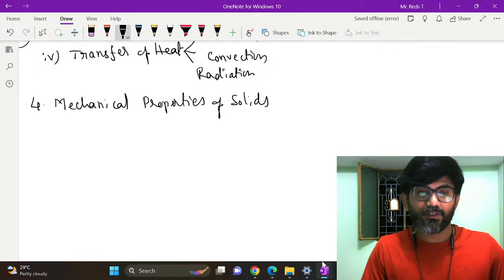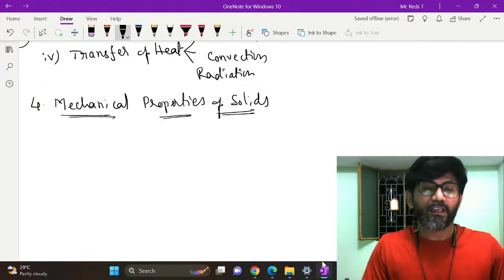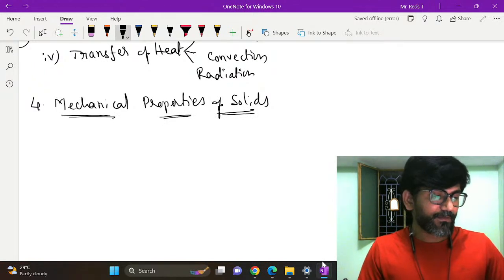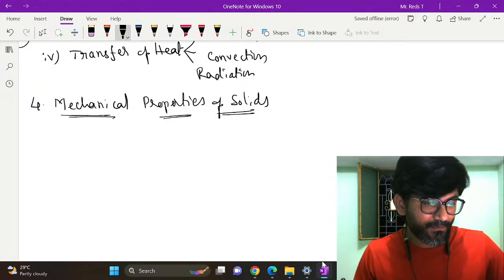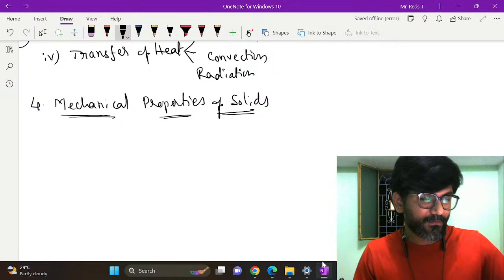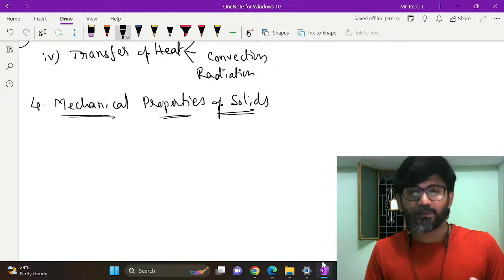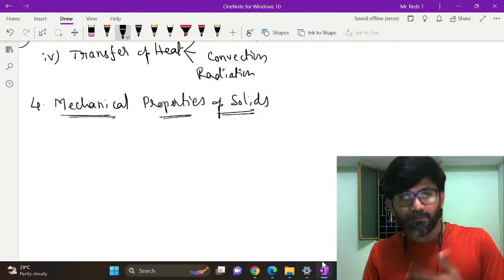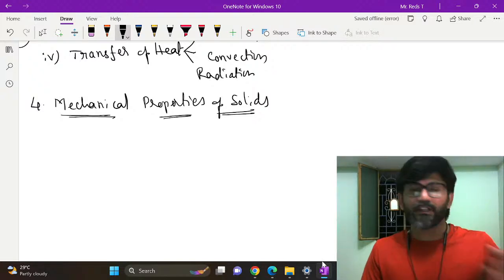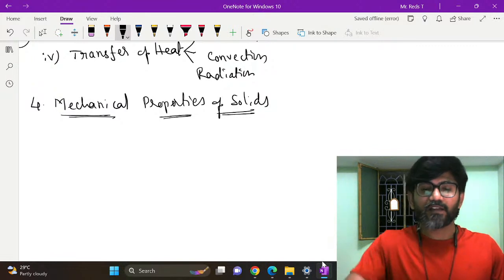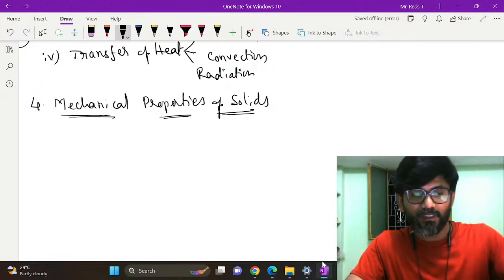The mechanical properties of solids. Actually, mechanical properties of fluids is a very lengthy chapter, and relatively compared to that, this is a small chapter, but you can score marks very easily from this in examination or competitive examinations.